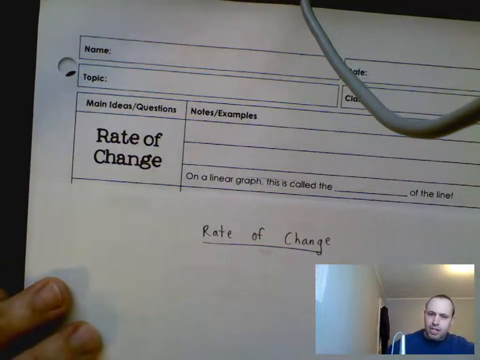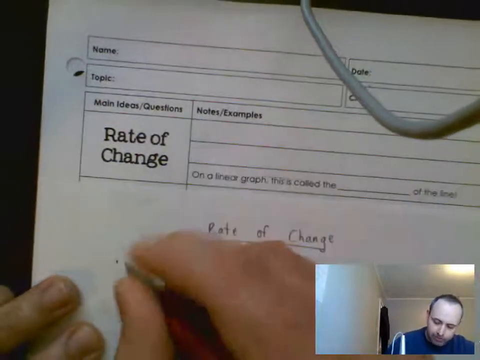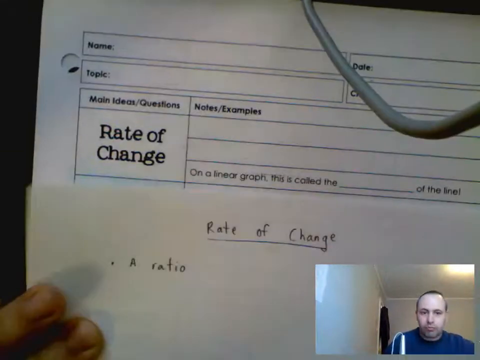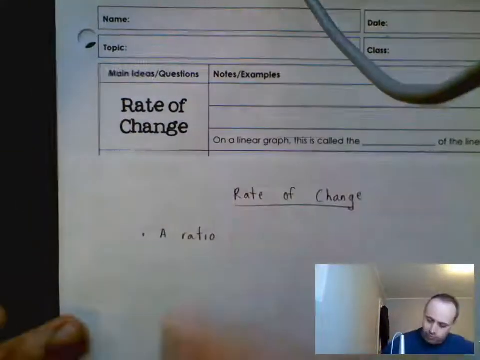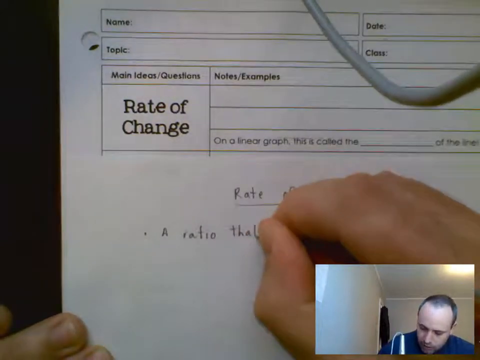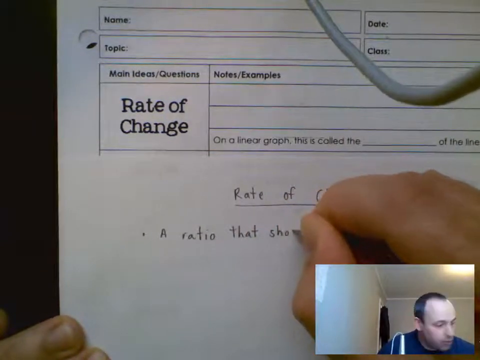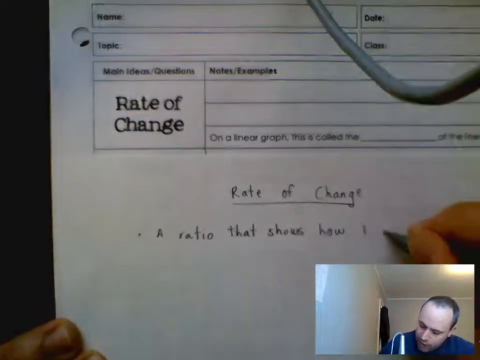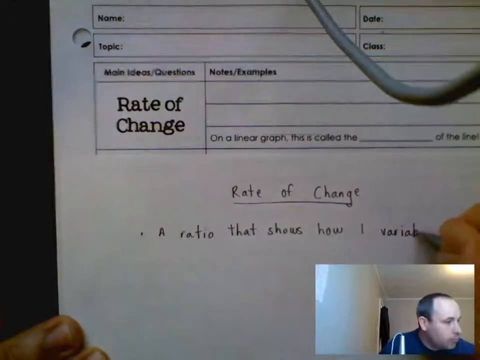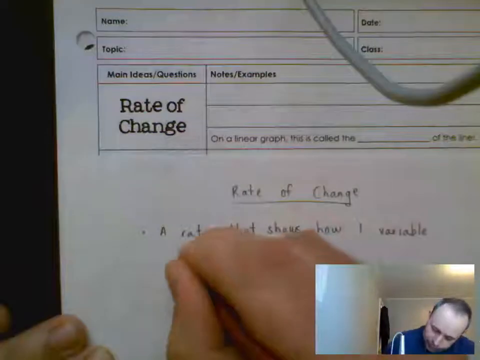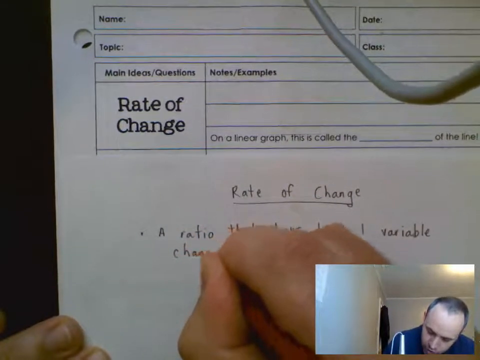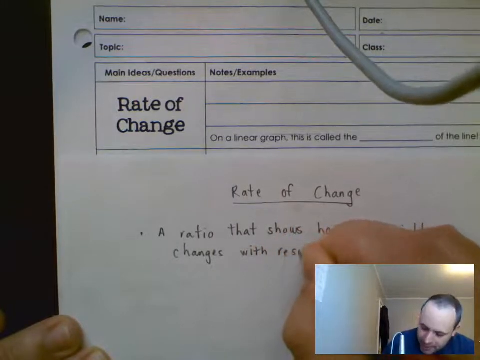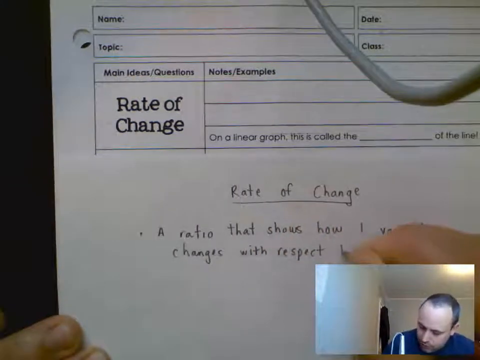So the rate of change, we'll put a bullet point, is a ratio that shows how one variable changes with respect to another.